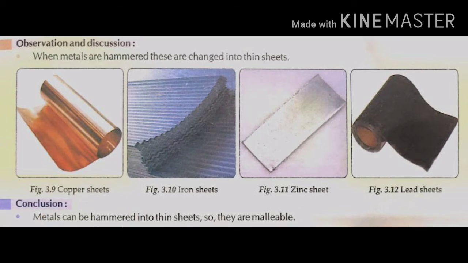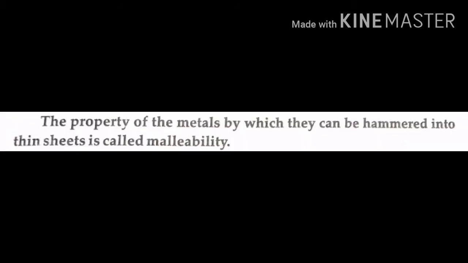When metals are hammered, these are changed into thin sheets. From that we conclude metals can be hammered into thin sheets, so they are malleable. The property of the metals by which they can be hammered into thin sheets is called malleability.